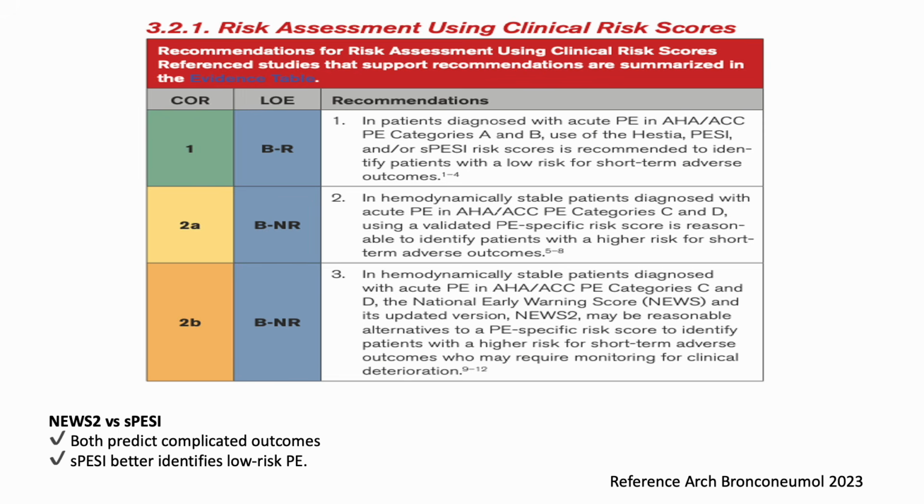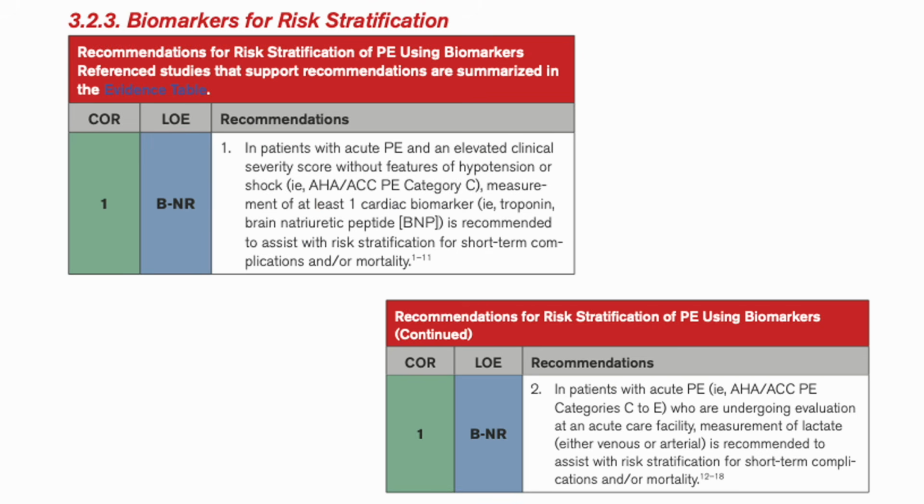And where does it come from? It comes from an article which was published in Archivio di Bronchopneumologia, where they discussed that when you compare NEWS 2 versus simplified PESI, both predict complicated outcomes, and the simplified PESI can identify low risk pulmonary embolism better. So, for categories C and D, you can also use a score called the NEWS score.